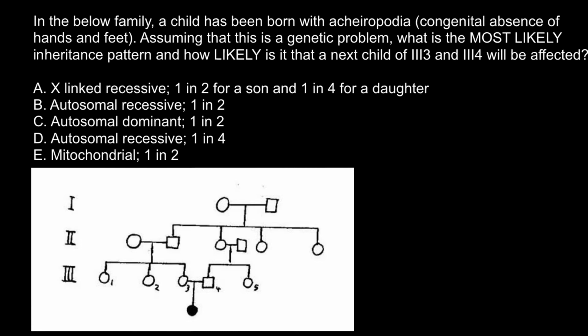So let me start with answer E, mitochondrial 1 and 2. You probably would be able to answer this question right away. What do mitochondria do in our organism? We have in every single cell hundreds and thousands of mitochondria, and mitochondria make energy for all the biological activity in every single cell.